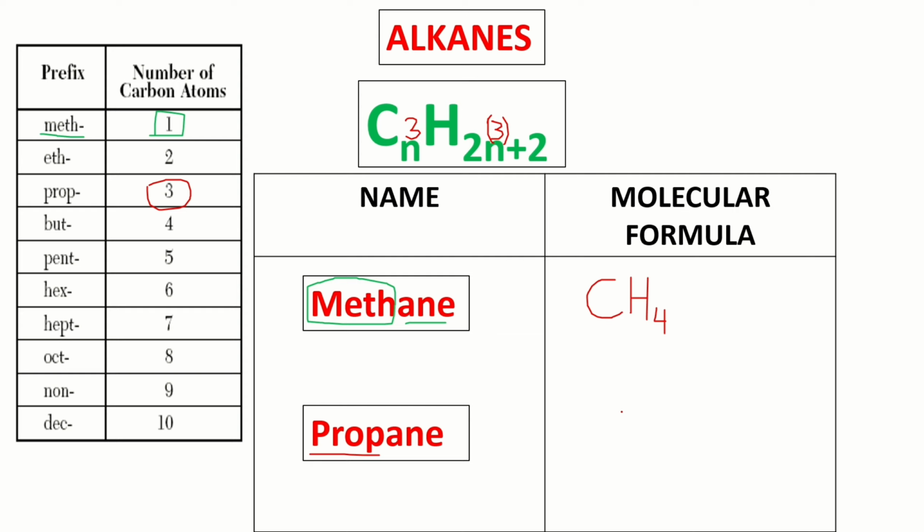So for the number of carbon atoms, we got C3, and for hydrogen, we have 3 times 2 is 6, plus 2 is 8. 8 hydrogen atoms. This is the molecular formula for propane.